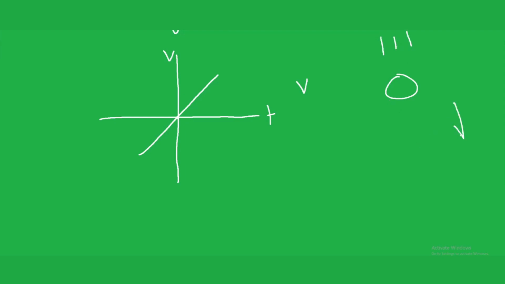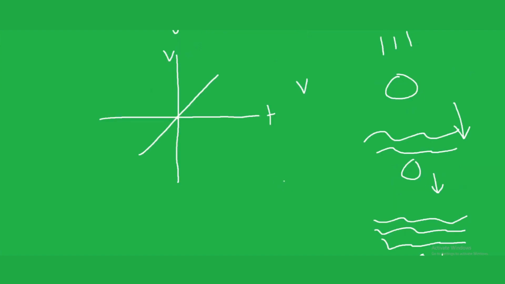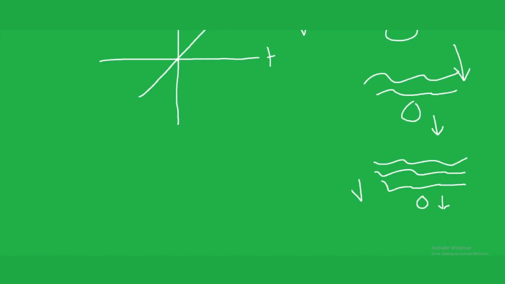That ball is going down, but then it falls in water or something, right? Then it's going to fall down, but slower. And then say it falls in honey or something, which is a lot denser. Then it's going to fall even slower. And then eventually it's just going to stop and start going up. That's what this graph says.